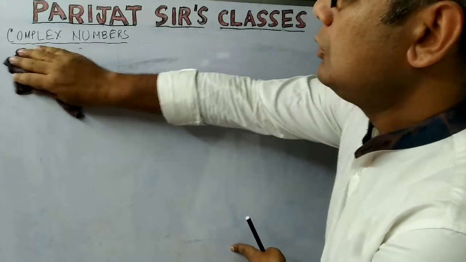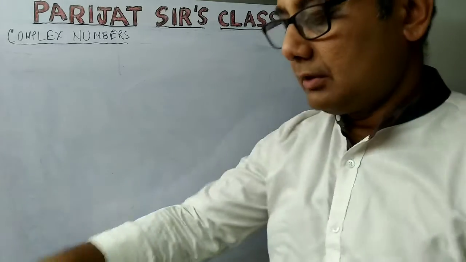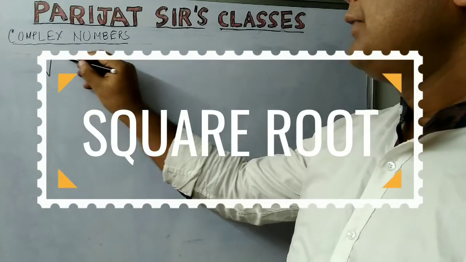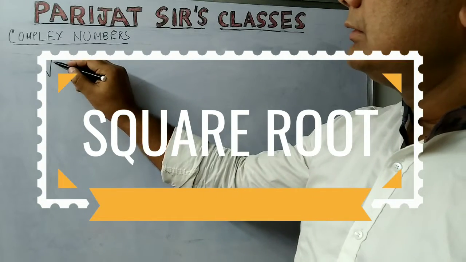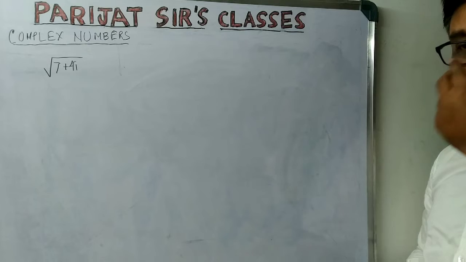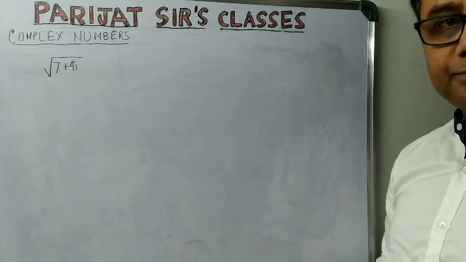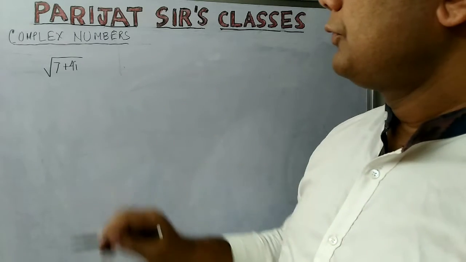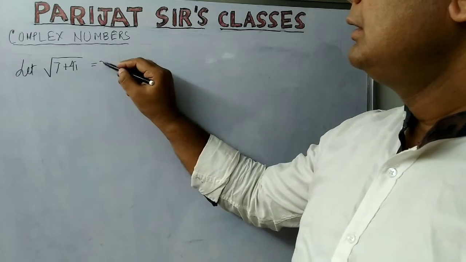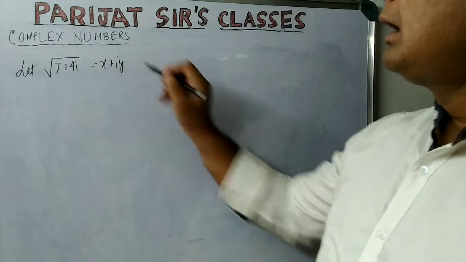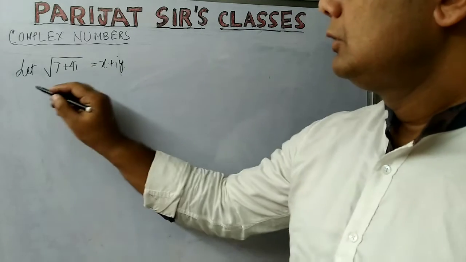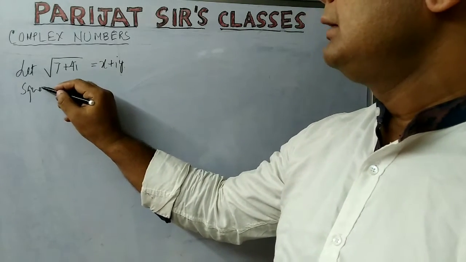So now how to do the square root of a complex number? For example, I want to find the complex square root of 7 plus 4i. So how to do that? First of all, see, let the square root of this be x plus iy. Let's now start squaring both sides.